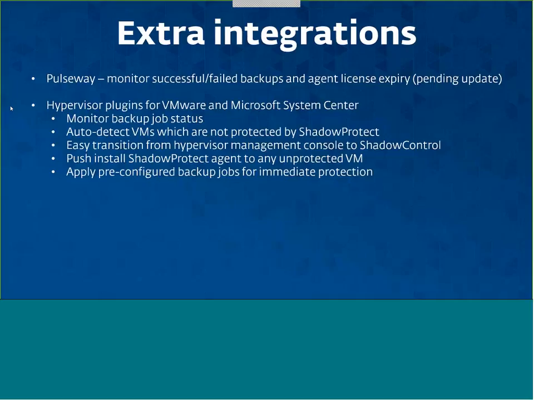And it even allows you to apply a pre-configured backup job for immediate protection of the VM in question. So obviously with all of these hypervisor plugins, it simply means that not only do you have more visibility in a single management console for your virtual infrastructure, but you can actually easily integrate and add additional protection for VMs as you create them.